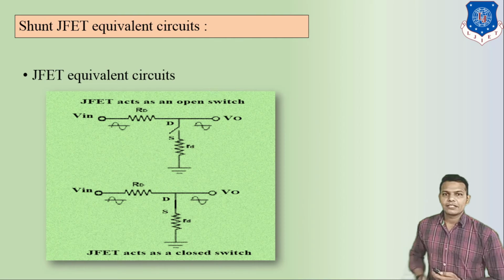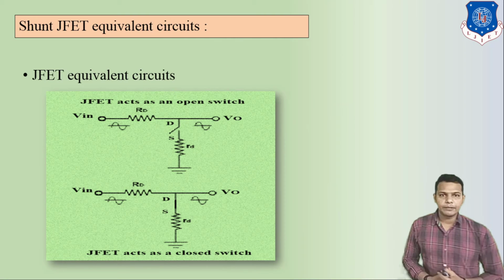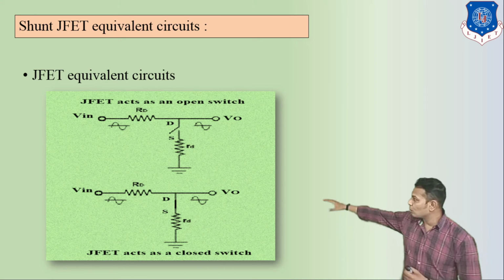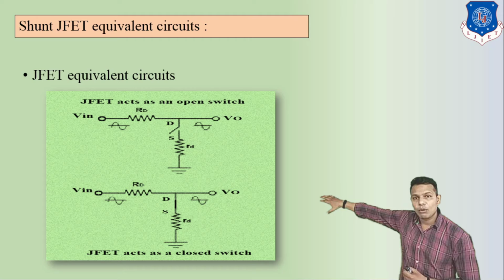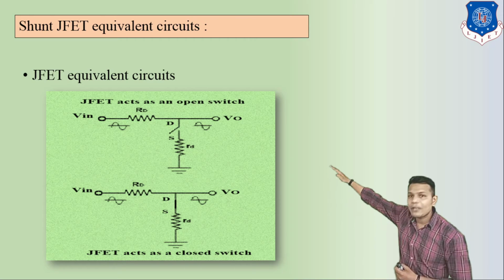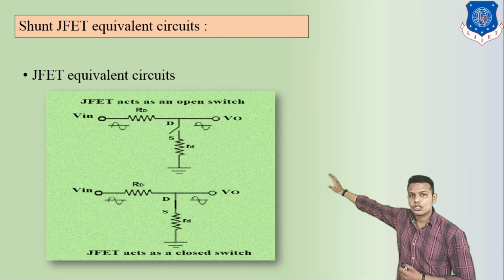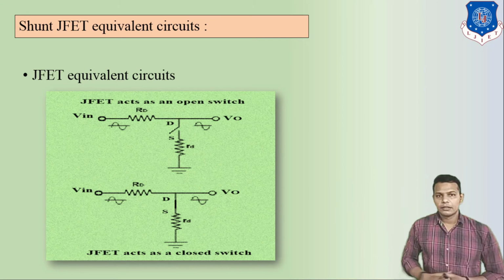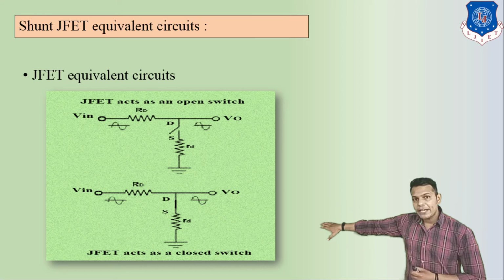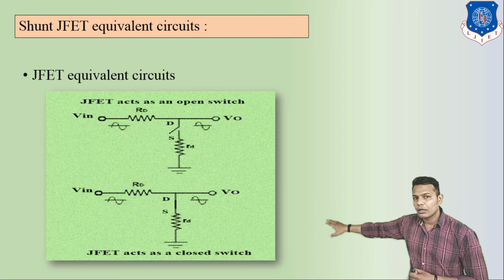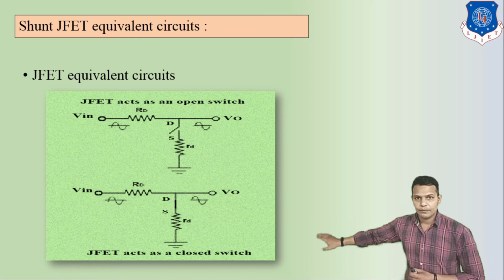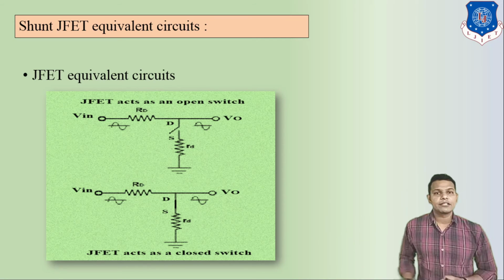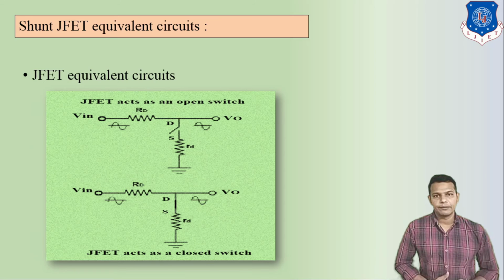Here we can see the equivalent circuit of the JFET. First, this is the open circuited case, so in place of the JFET symbol we draw an open circuit, right? Then here, in place of the JFET symbol there is a closed switch, so input goes to output. So this is the equivalent circuit of the shunt JFET.